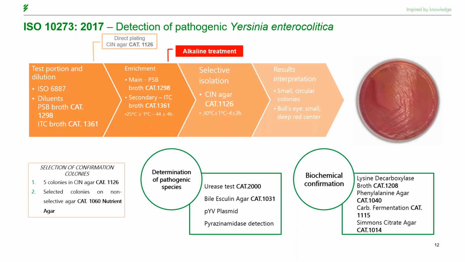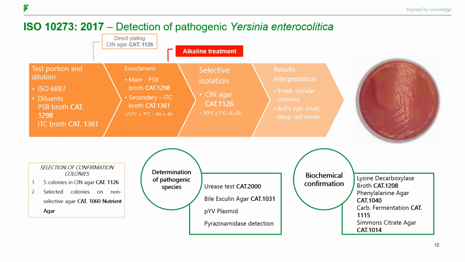The surrounding border of the bullseye should be translucent and, when examined with obliquely transmitted light, non-iridescent. For confirmation, Yersinia strains are required as positive and negative controls to help distinguish between pathogenic Yersinia enterocolitica and other Yersinia species on CIN agar.